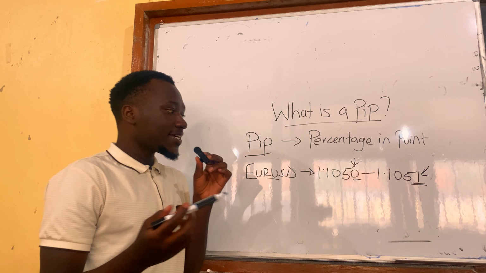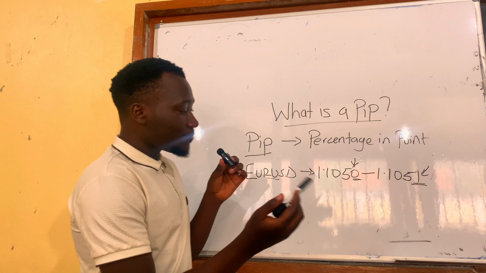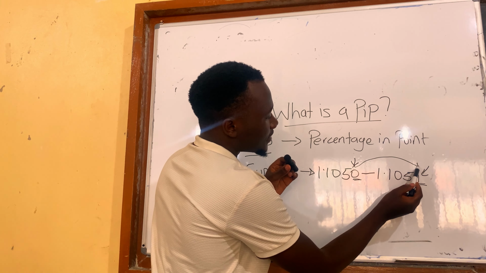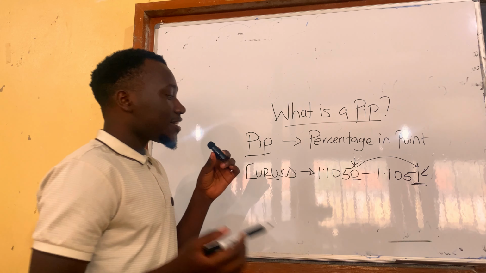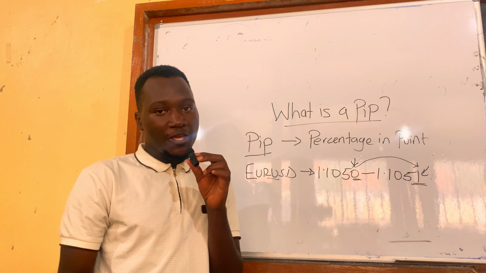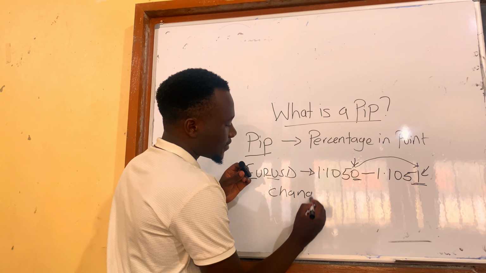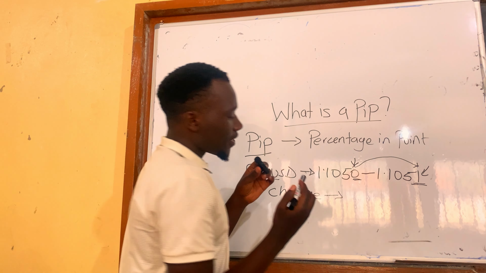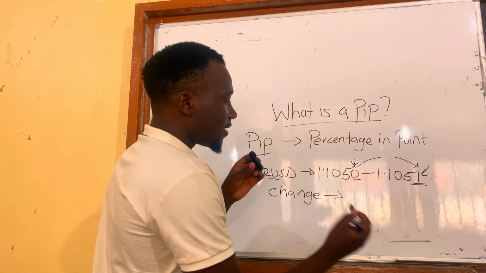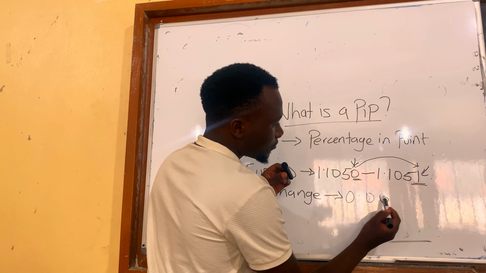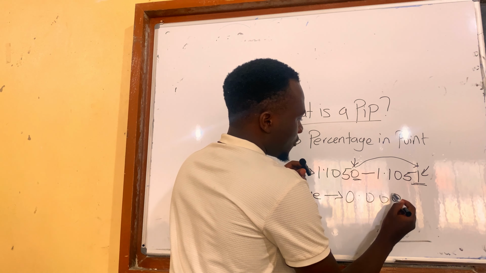So what does that mean for you as a trader? This simply means that if it has changed from 0 to 1, price has moved, and that is what we count as a pip. If we observe the change, if we subtract all this, we have stayed with 0.0001.